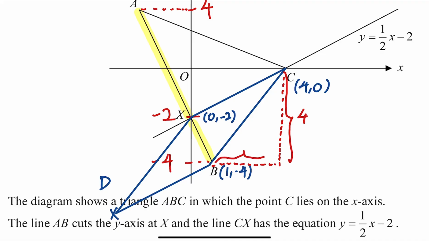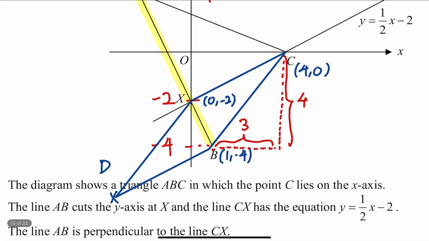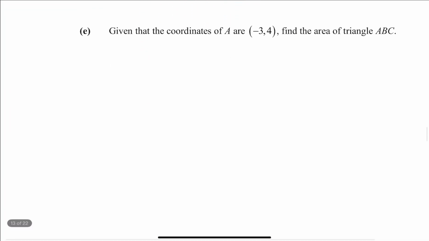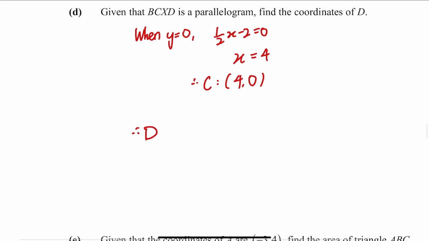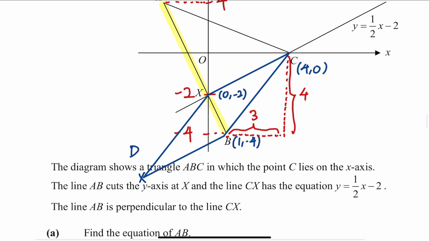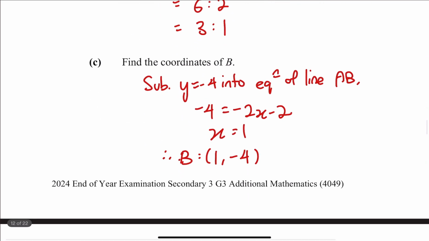This distance here is 3 units. So by counting, from X to D, the horizontal change must be the same. So it should be 4 units to the left, and 3 units. So for part D, for the coordinates of D, I take the x-coordinate 0, and go to the left by 3 units. So this will be 0 minus 3.